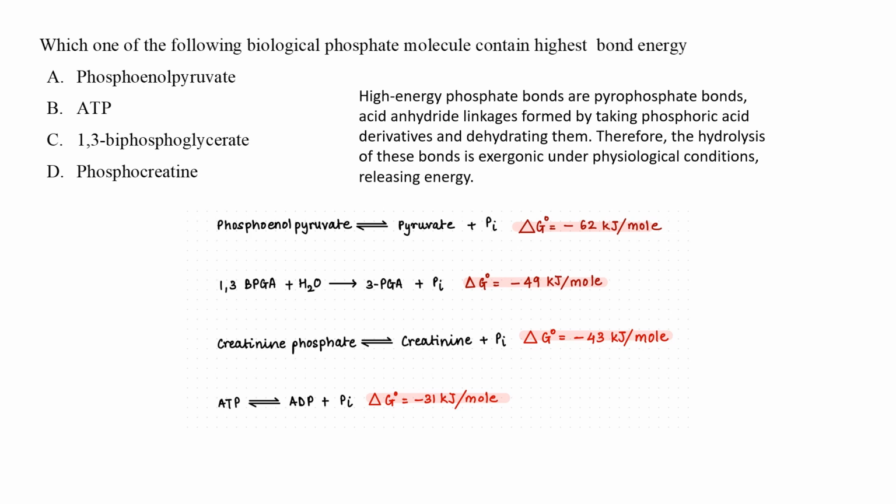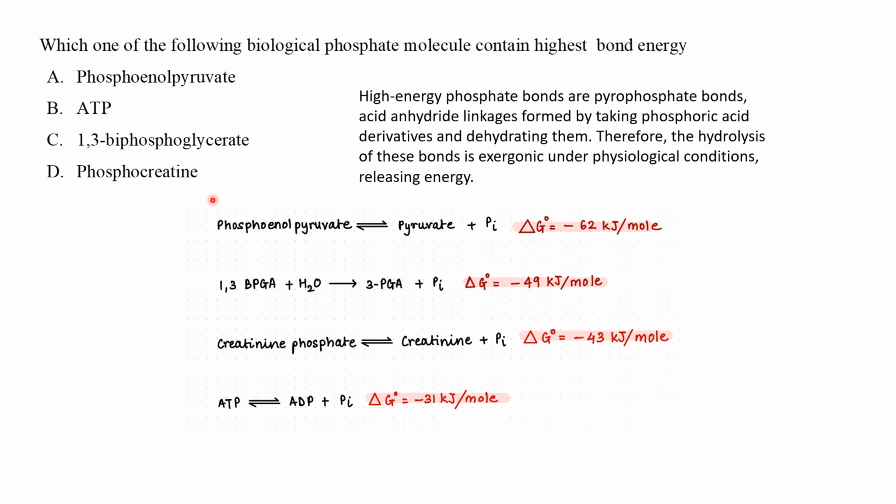This low energy release of ATP allows it to phosphorylate compounds which are ranked much lower than it. It is also favorable to synthesize ATP from ADP by higher ranked compounds like phosphoenol pyruvate and creatine phosphate. If you see clearly, these four options are already arranged in descending order.